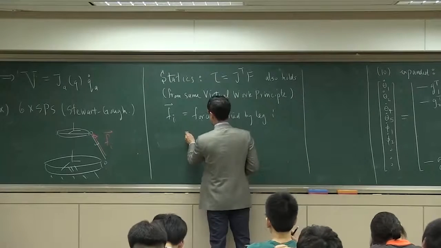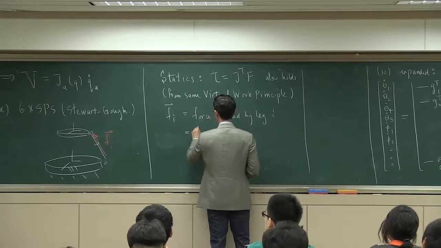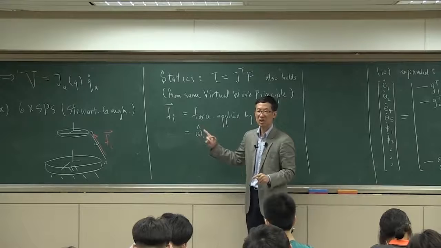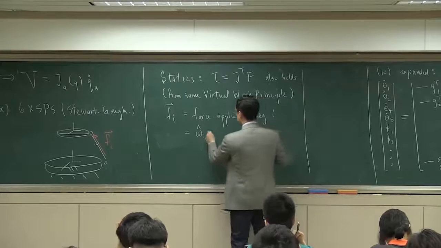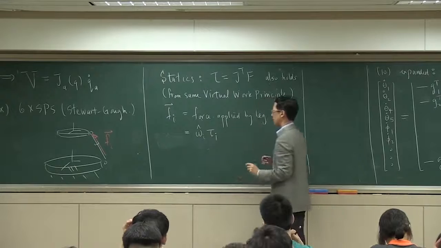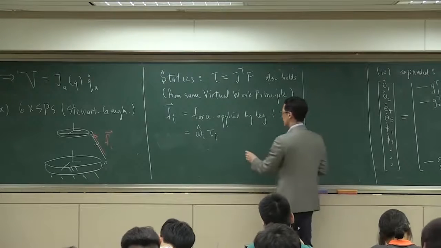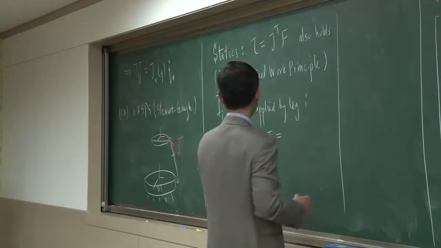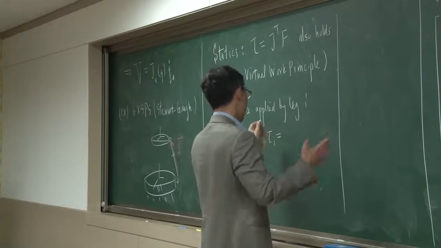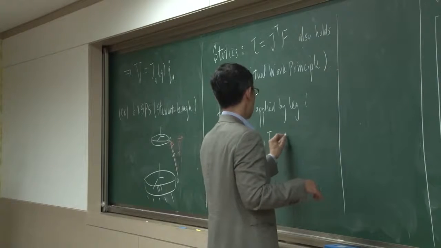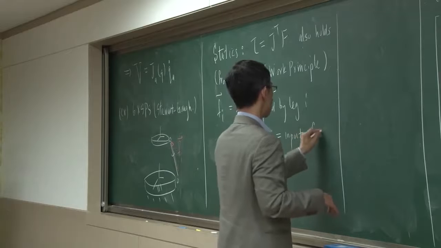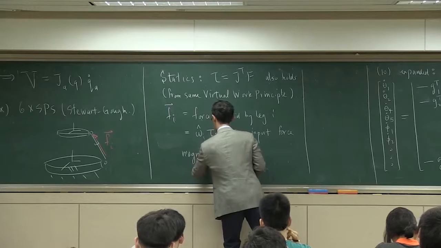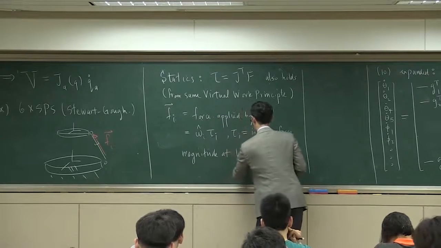And I'm going to write this in the following way. I'm going to write it as omega i hat times tau i. So omega i hat is a unit vector in the direction of the leg, and tau i is the input force magnitude at leg i.